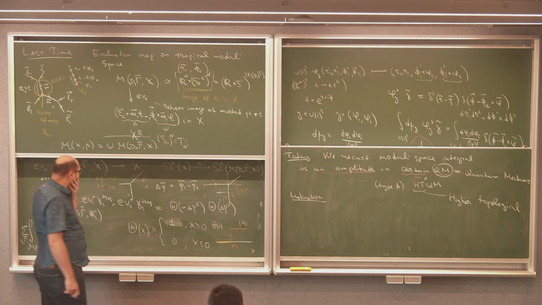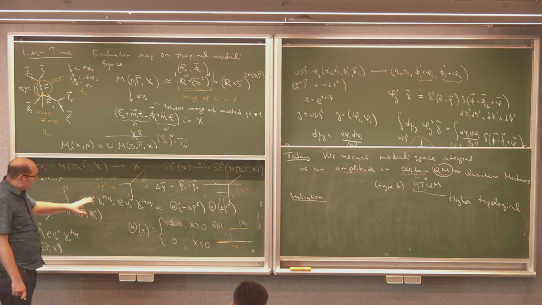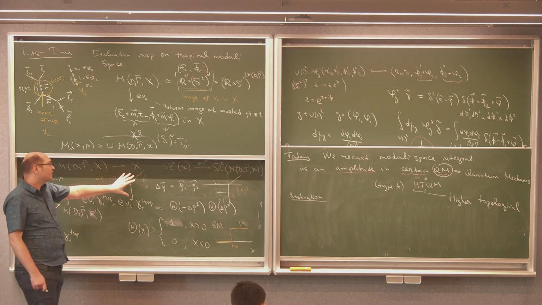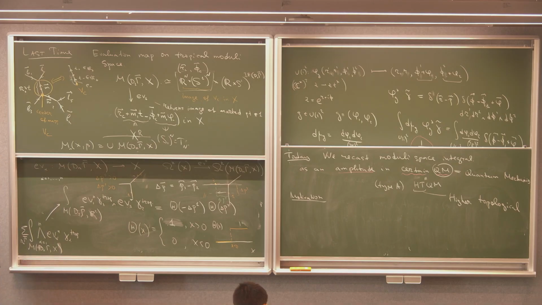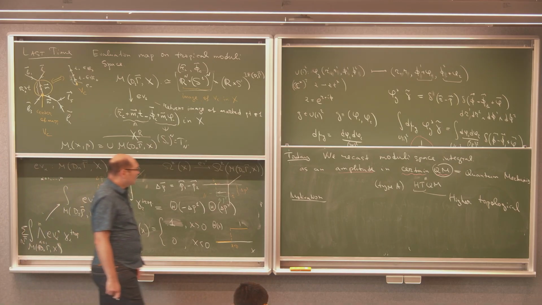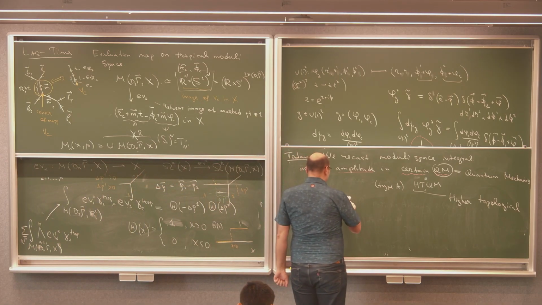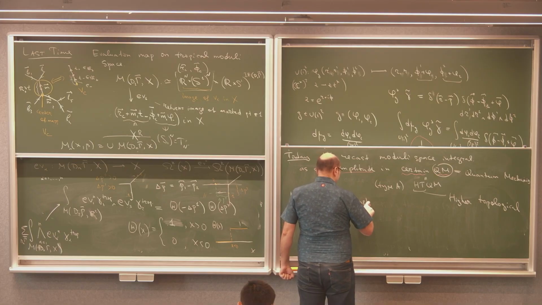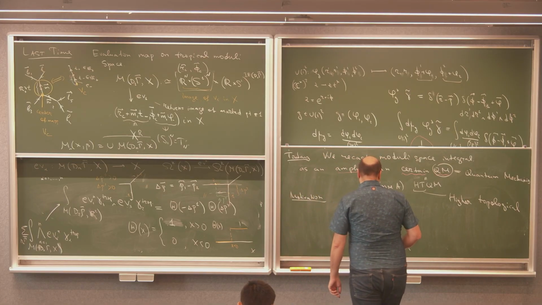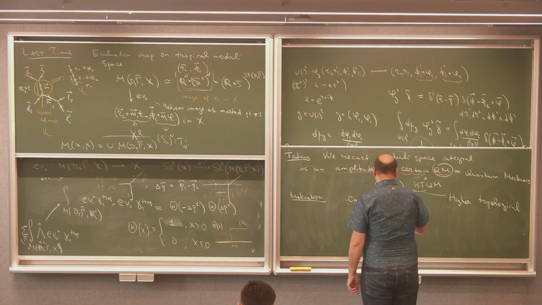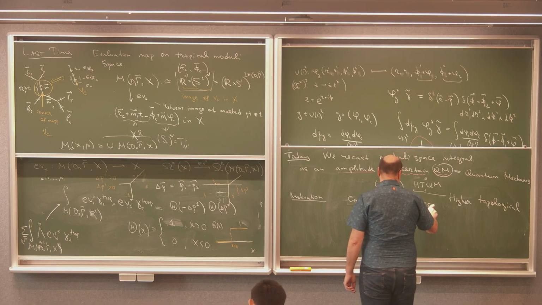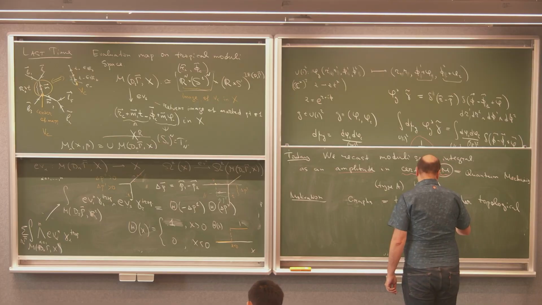In this moduli space integral we have a summation over these discrete types of graphs. And what we want to say is that our graphs essentially represent trajectories for particles.